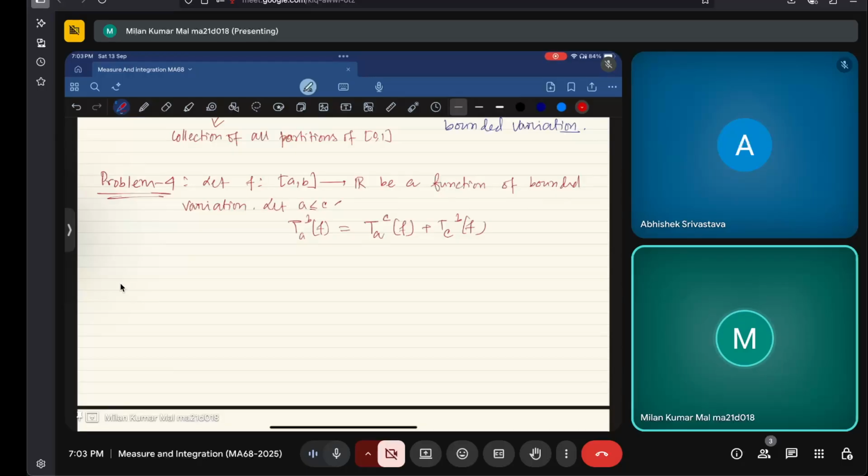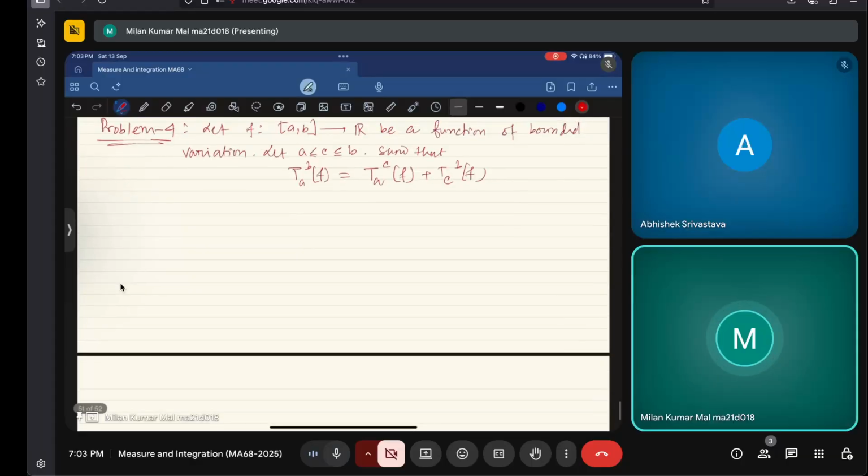Let a less than c less than or equal to b. This is the question: let f from [a, b] to R be a function of bounded variation. Let a be less than or equal to c less than or equal to b, so that this holds: T_a^b f equals T_a^c f plus T_c^b f.